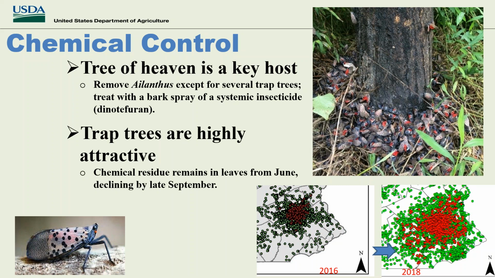And so what they would do is they would remove most of the ailanthus on a property or parcel and leave several of those trees as trap trees and treat those. Since they're so attractive, we would just remove most of the host, have any trees that are remaining as poisonous, and that seemed to work quite well. We saw a lot of success with that.